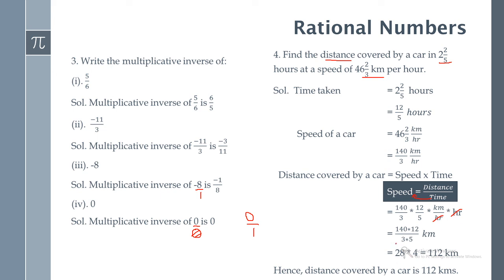Now here 3 ones are 3 and 3 fours are 12, 5 ones are 5 and 5 twenty-eights are 140, 28 into 4 is 112. That is nothing but 28 into 4 is 112 kilometers. Hence the distance covered by a car is 112 kilometers.